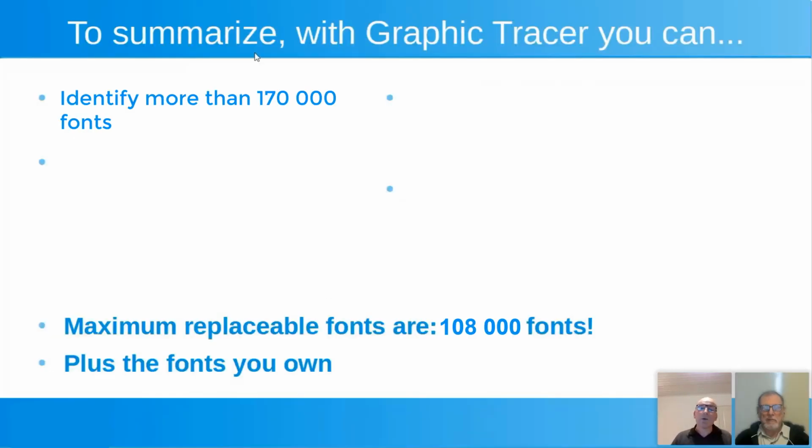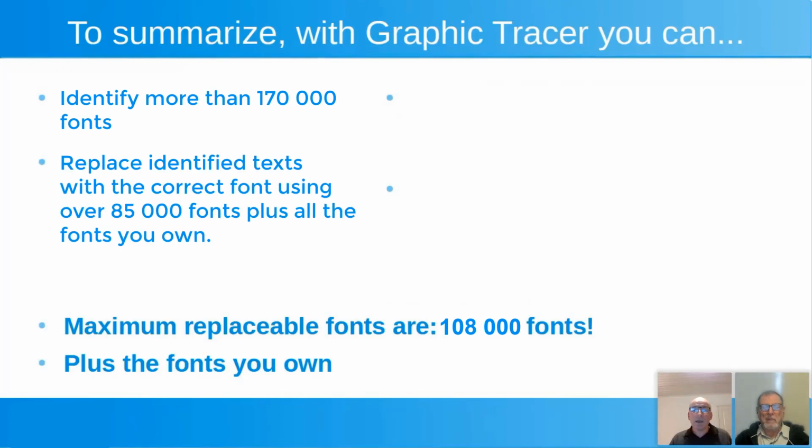The program can identify 170,000 fonts, and it replaces identified text with the correct font from over 85,000 fonts plus all the fonts you own. These are the default fonts, which you can download and use for replacement, the traced high precision shapes that we have, and the Google fonts, more than 6,000 fonts, and then naturally all the fonts you own and that are installed in Windows, and font folders that you add into the program.